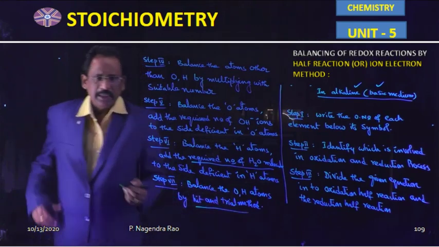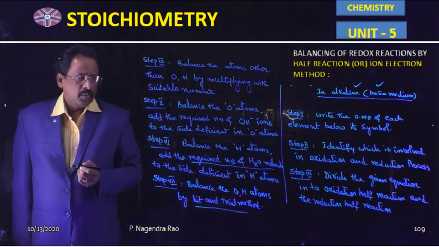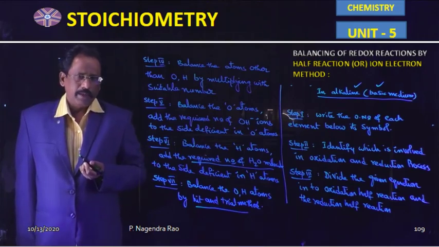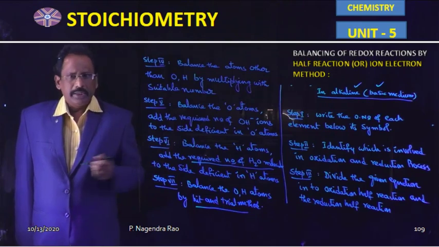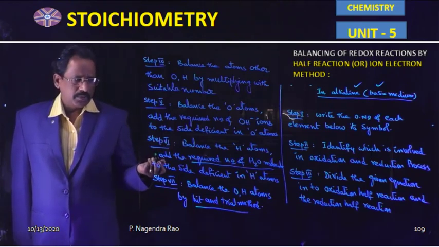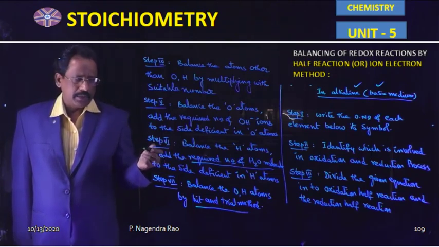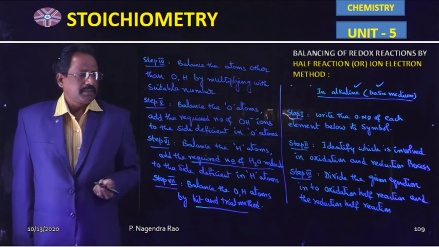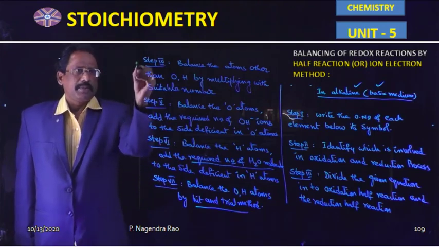That means multiply OH minus ions with a suitable integer like 2, 3, like that. After that, both the hydrogen atom and the oxygen atom are balanced after the seventh step.